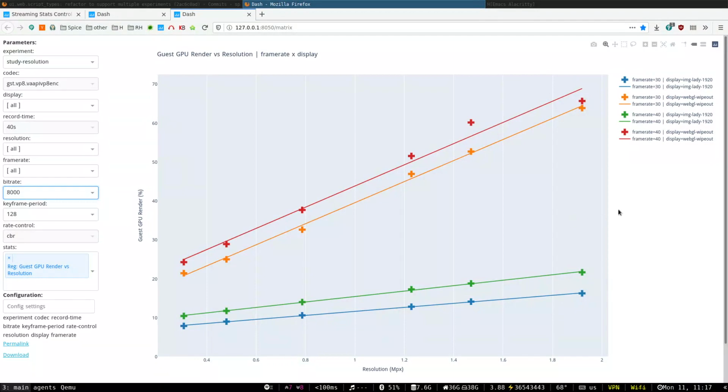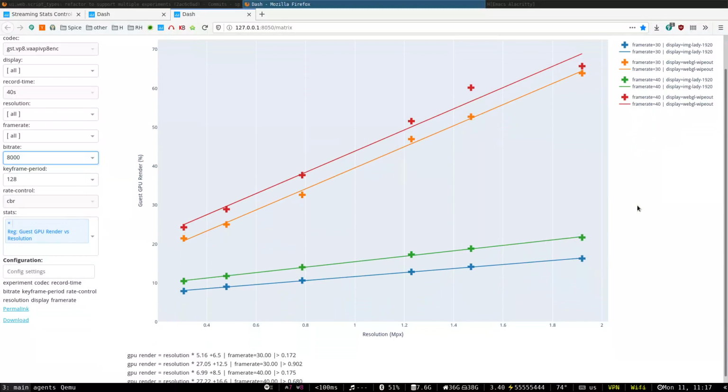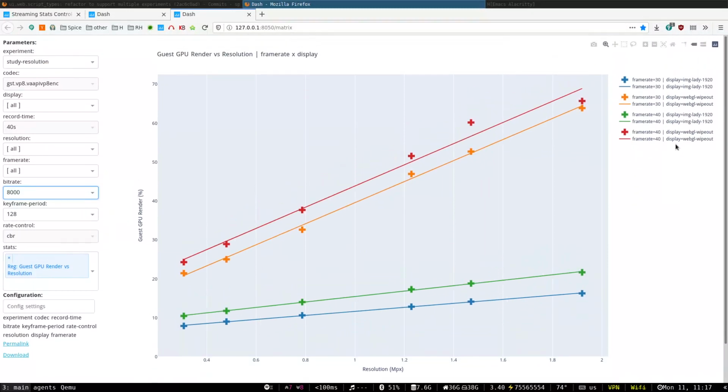So for the next step, we want to combine the frame rate and the resolution to understand the overall impact on the GPU render engine. So let's start with the WebGL display, and I'll do the same for the still image.